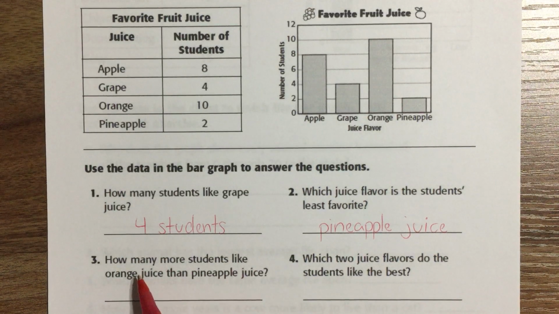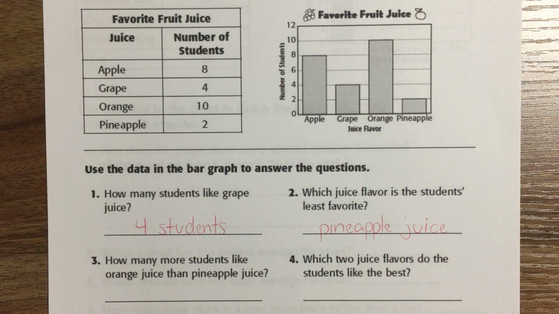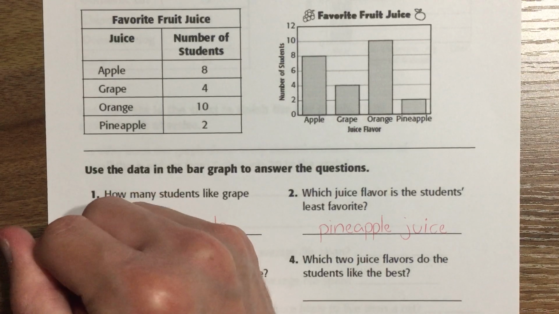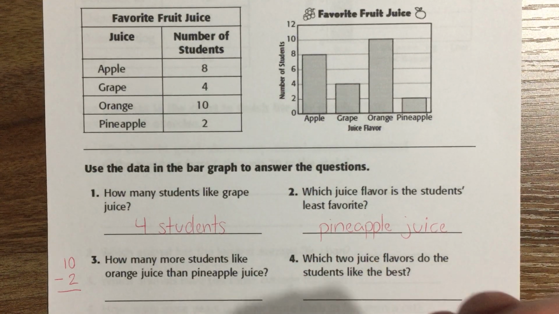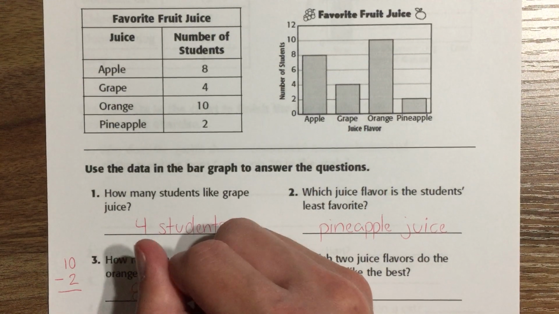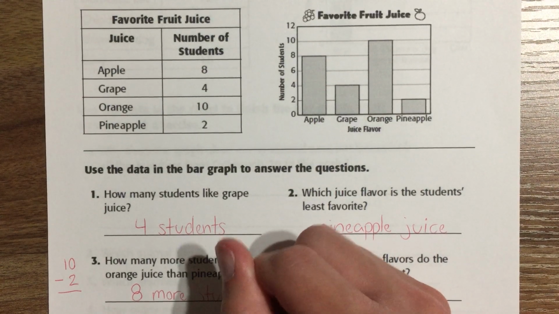So how many more like orange juice than pineapple juice? We need to take our orange minus our pineapple. So 10 minus 2, and we can even put that off to the side over here. But we can do it in our heads: 10 minus 2 is 8 more students.